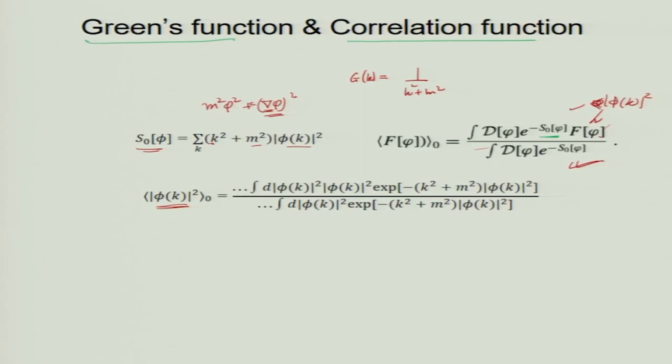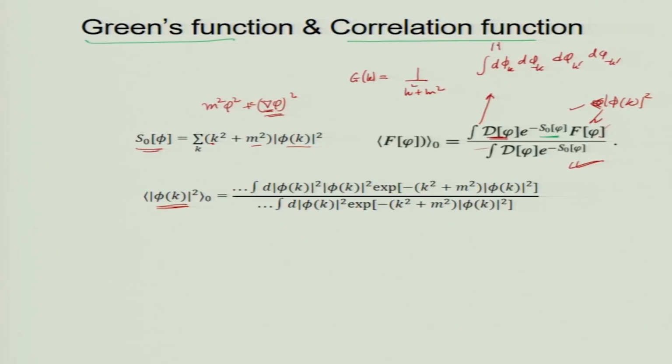Okay. Now, it involves this d phi, so I would like to write what is d phi. So, d phi k, d phi minus k, then similarly other wave numbers. So, d phi k prime, d phi minus k prime. So, all wave numbers included, it is a product.